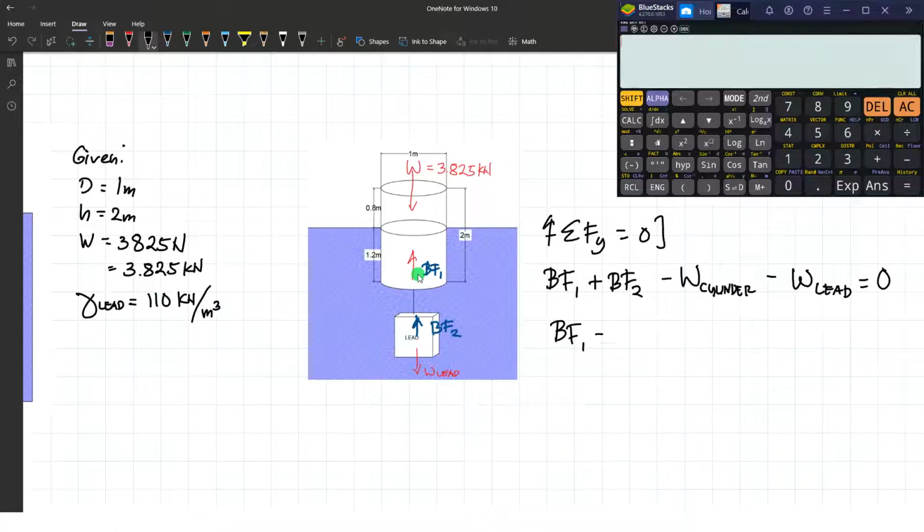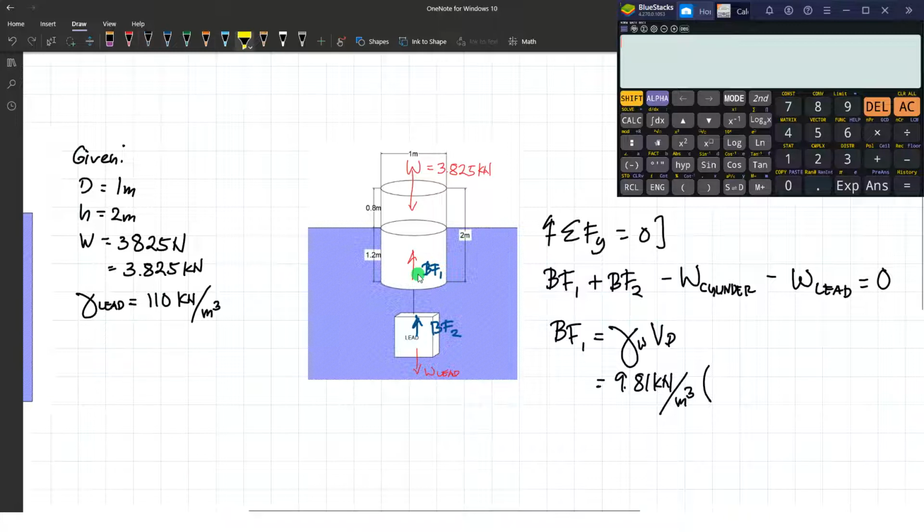So buoyant force 1 is unit weight of water multiplied by the volume displaced, 9.81 kilonewtons per cubic meter. The volume displaced is this volume.